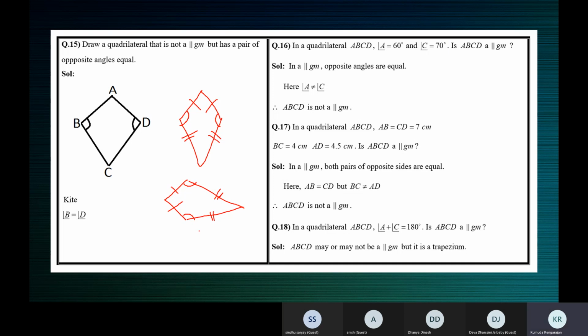In a kite, opposite sides are not parallel. In a trapezium, one pair of opposite sides is parallel. In a parallelogram, both pairs of opposite sides are parallel. In a kite, no pair of opposite sides is parallel.